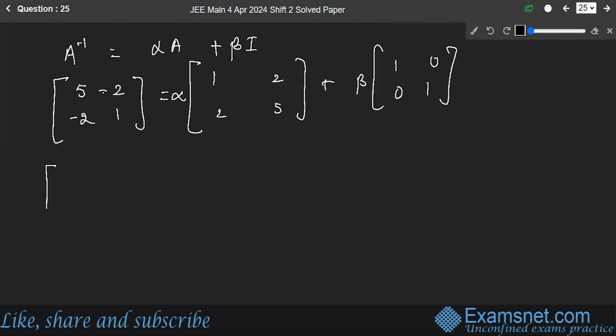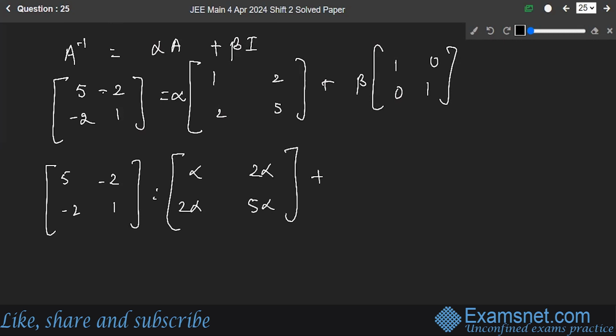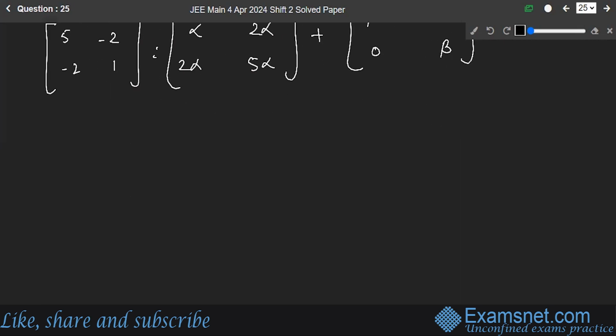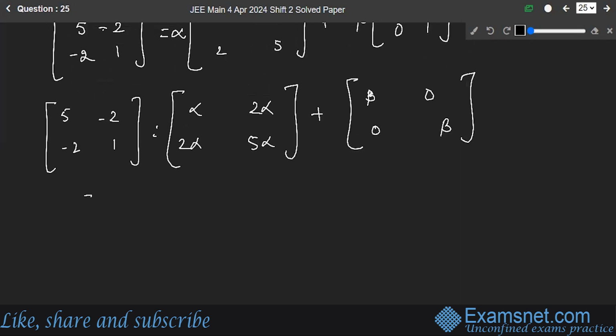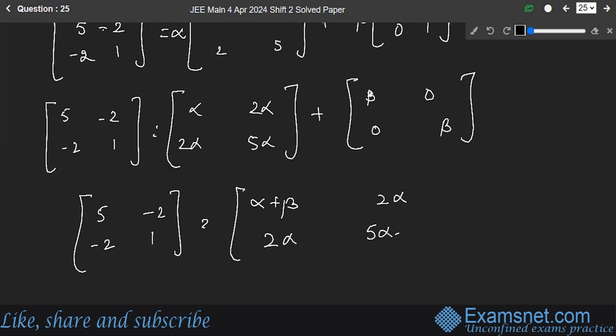So 5, minus 2, minus 2, 1 is equal to alpha, 2 alpha, 2 alpha, and 5 alpha, plus beta, 0, 0, and beta. So this gives me 5, minus 2, minus 2, 1 is equal to alpha plus beta, 2 alpha, 2 alpha, 5 alpha plus beta.